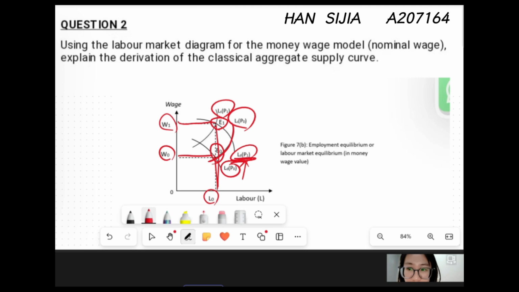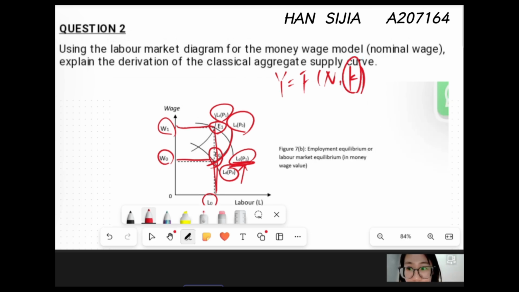This indicates that the money wage adjusts flexibly with the price level, and the labor market is always in a state of full employment. The aggregate supply is determined by the production function Y equals F(N, K), with the capital K being a constraint in the short run.